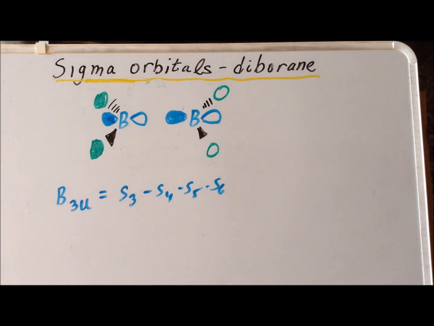I had mentioned previously that we can only use each of the atomic orbitals on boron once. I should be clearer to say that we can only use each combination once as a bonding combination, and then once as the anti-bonding combination. So for any one particular orbital, since it can make both a bonding and an anti-bonding interaction with the other atomic orbitals on the other boron, we have two possibilities for each combination.